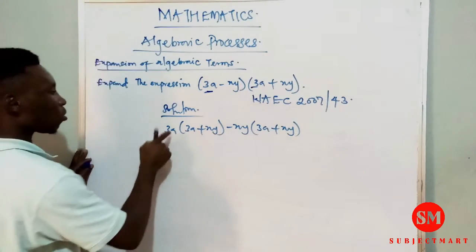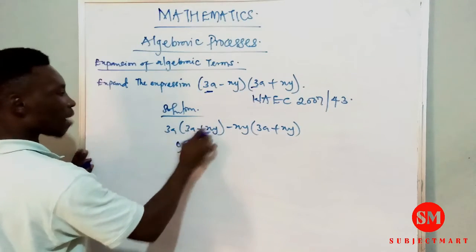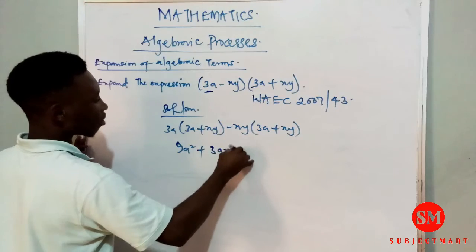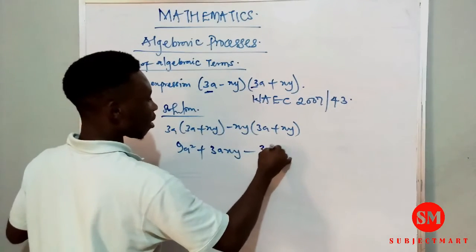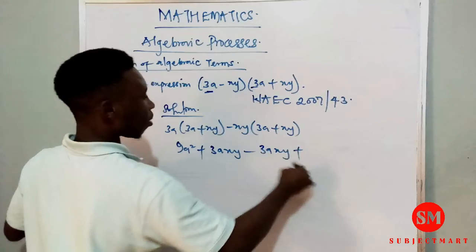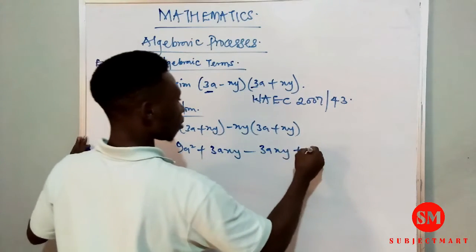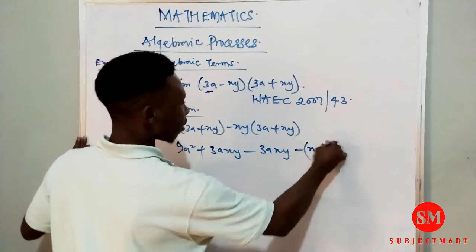So multiply all through. 3a times 3a gives us 9a squared, plus 3a times xy gives us 3axy, minus 3a times minus xy, that gives us 3axy, plus xy times xy gives us what? Plus times minus xy in bracket squared.